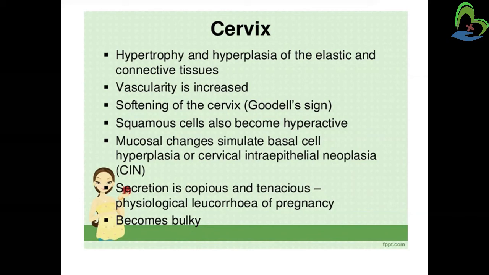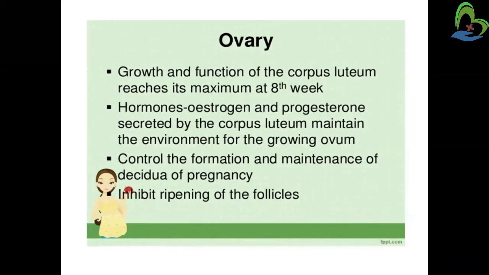The secretion is copious, meaning highly supplied. The secretion present in the cervix is known as leukorrhea during pregnancy, and it becomes more bulky during pregnancy.